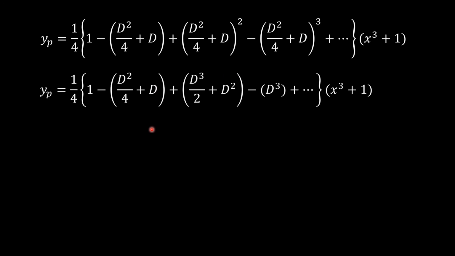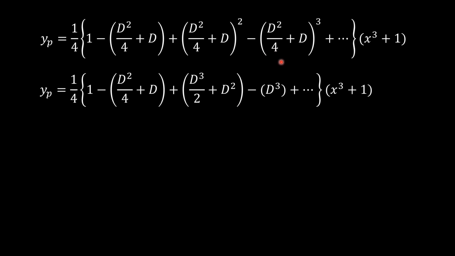So after simplifying it, we will be getting 1 minus. Now see here the powers of this D, capital D, are less than 3. So we will consider both the terms from this bracket. Now the square. If we simplify the square, one of the terms will be D raised to 4 upon 16, as its power will be greater than 3. So we have neglected that, and the remaining two terms we have considered, which are D cube upon 2 plus D square.